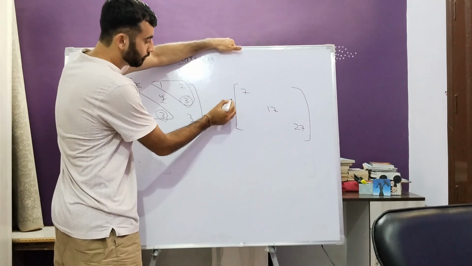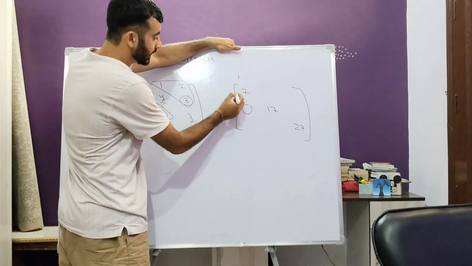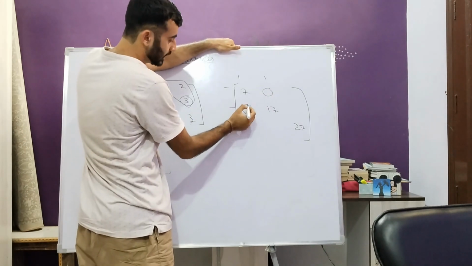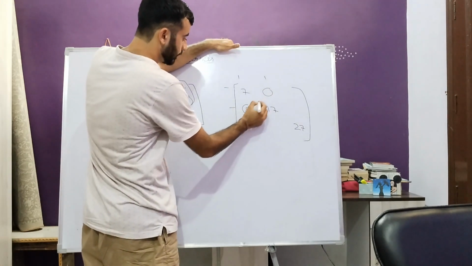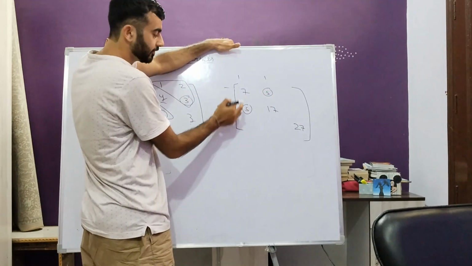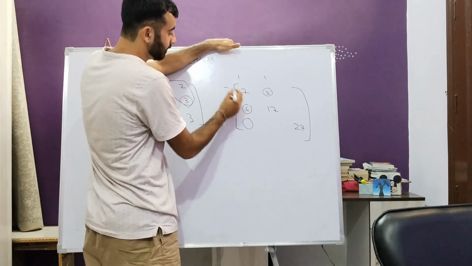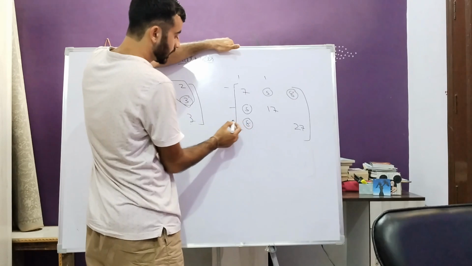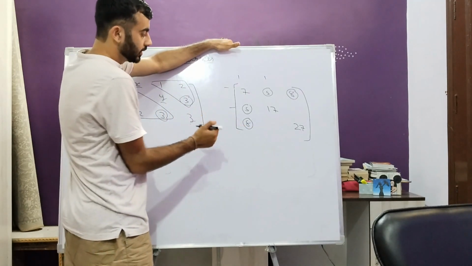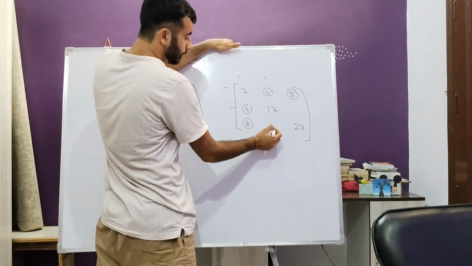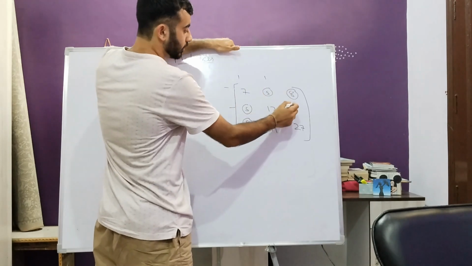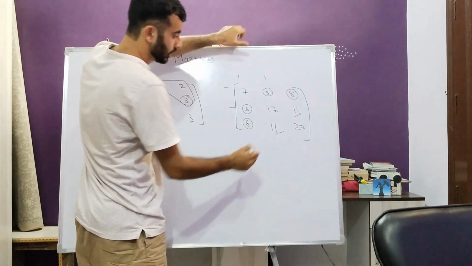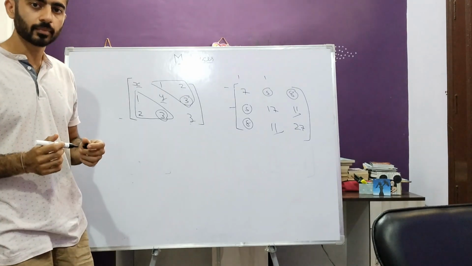The second row first column element and the first row second column element should be the same. Let's say 5. The third row first column element and the first row third column element should be the same, and the third row second column and second row third column, these two elements should be the same. So it is called a symmetric matrix.